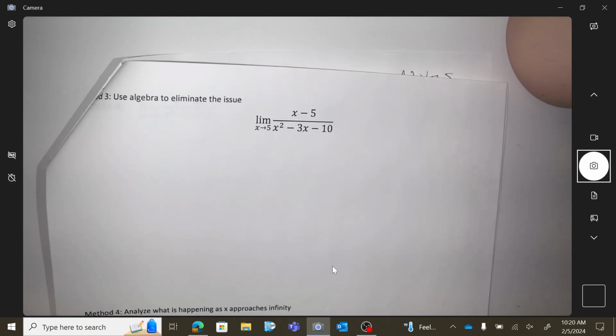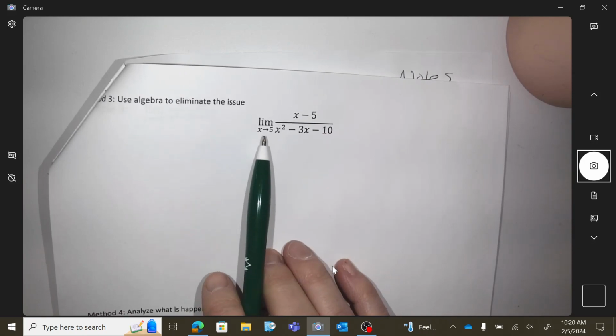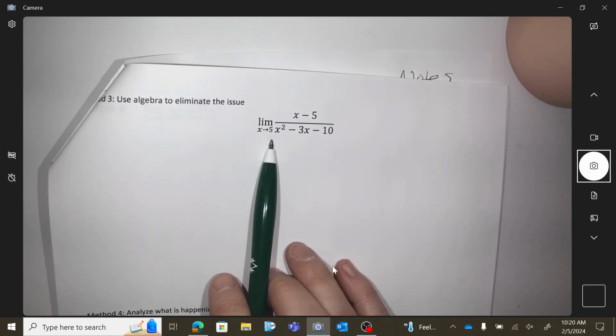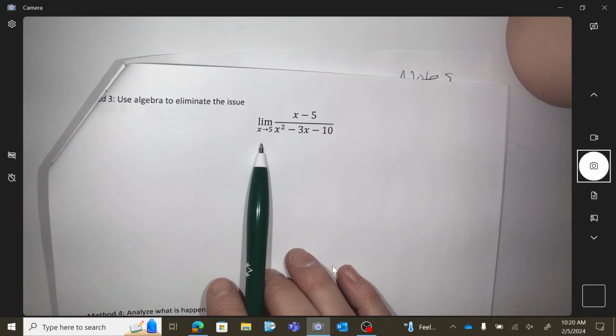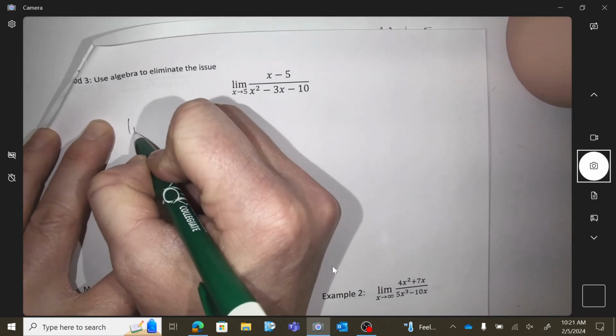Okay, so this one, you could probably pick both methods again. Do you want to do both, or do you want me to just do one? You could pick numbers close to 5 again. I feel like that method could really almost always work. Okay, but I'm just going to do eliminating the problem.